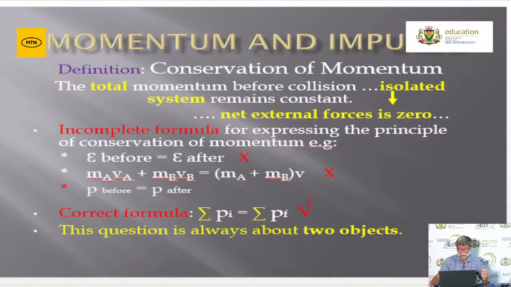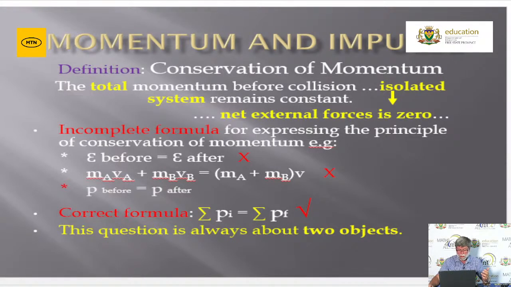Then, many a time there are incomplete formulas when using the principle of conservation of momentum to solve problems. Learners a lot of times have incomplete formulas. They state E before equals E after, and they use literally an E and not a sigma sign. And they don't indicate momentum, they just say E before equals E after. That is a wrong formula.